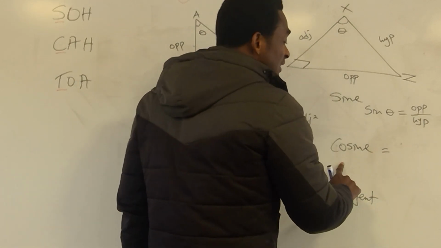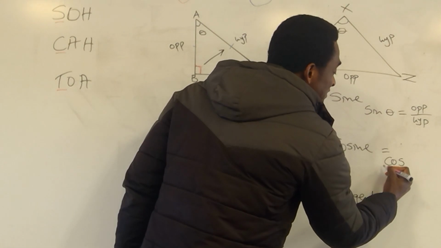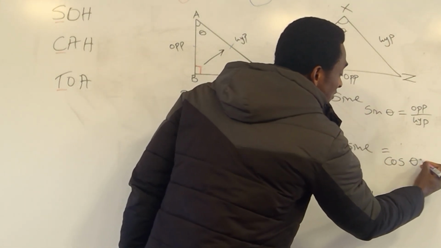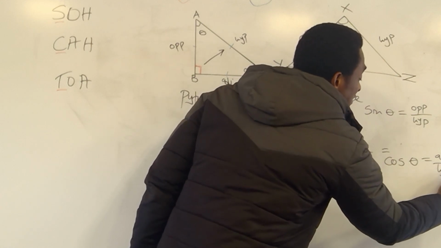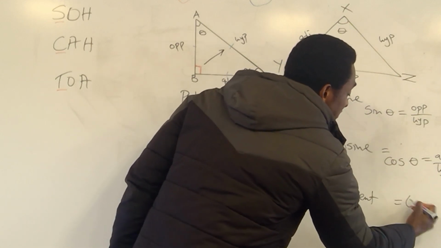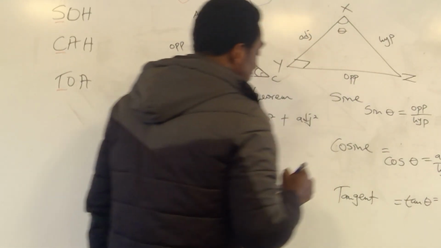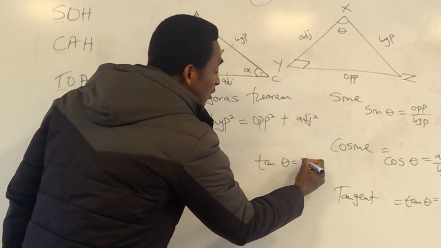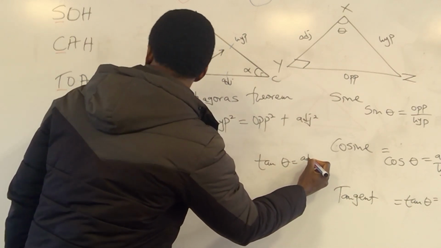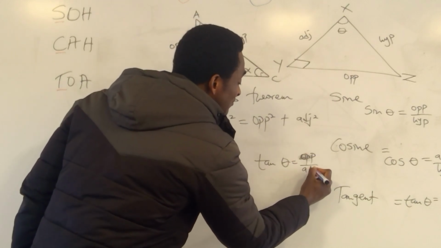If we are using cosine, then cos of theta will be adjacent over hypotenuse. And tan of theta, in this case, will be opposite over adjacent. Please note this.